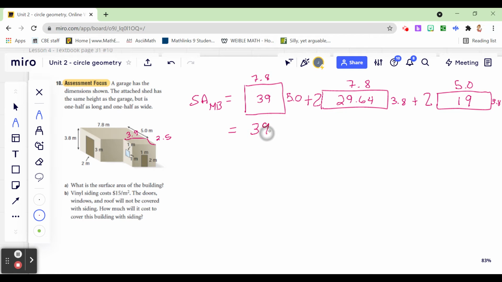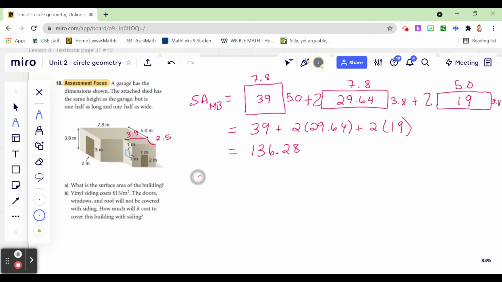It's going to be 39 plus 2 times 29.64, plus 2 times 19. So my total surface area of the main building would be 136.28. Cool. So I've got the one building done.